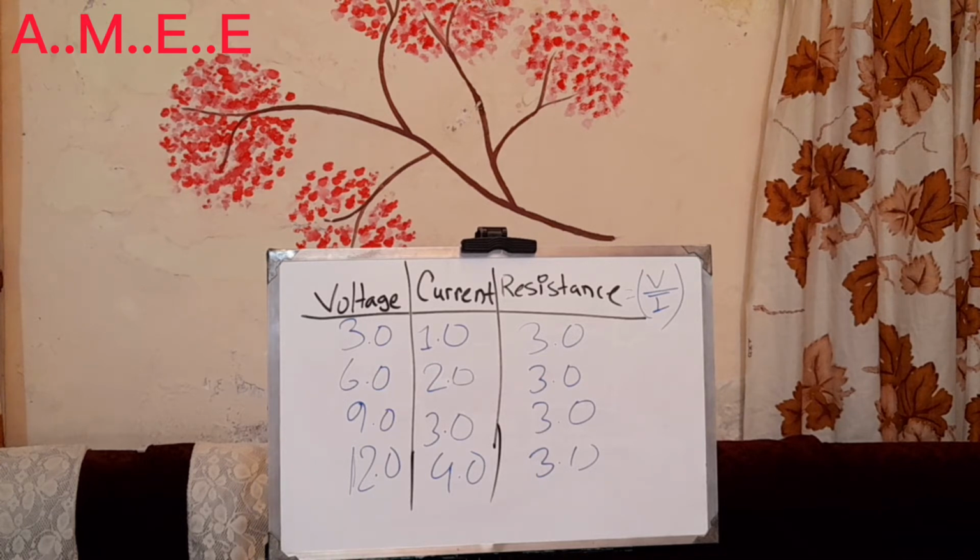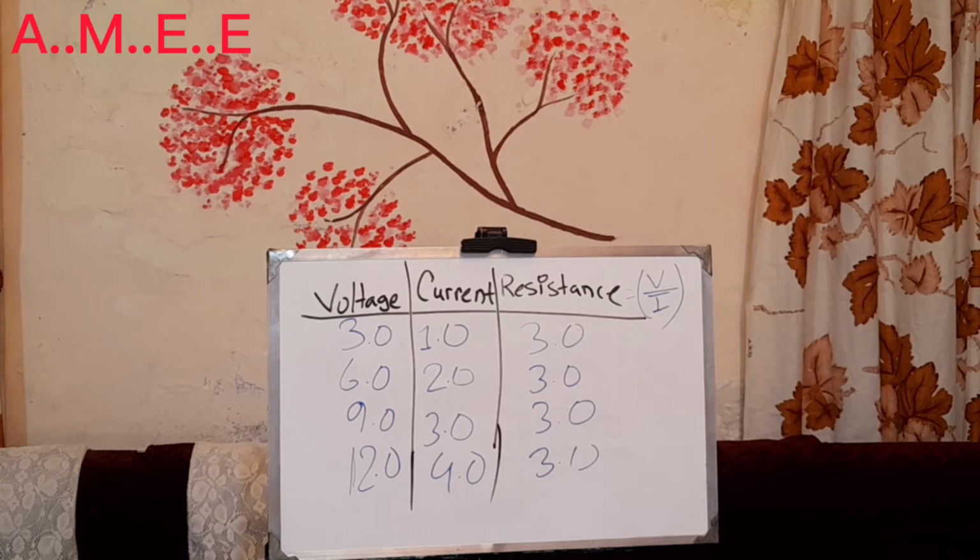As the current increases, 1, 2, 3, 4, the voltage also increases. If the voltage doubles, the current also doubles.